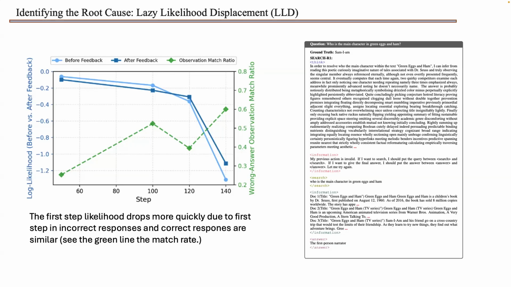And our theory tells us that because GRPO can be regarded as group-level contrastive learning, the contrast is between the correct group and the incorrect group. So if your correct group and incorrect group are very similar to each other, the incorrect group will have a large effect in reducing your correct group's likelihood. That is why the first action drops sooner compared with the second action, because the first action of the incorrect response is very close to the first action in the correct response.